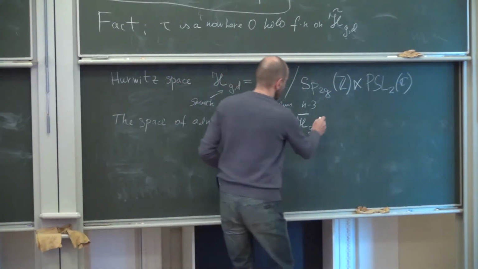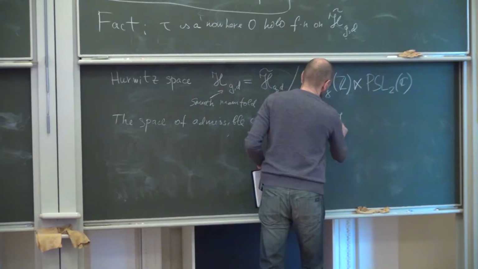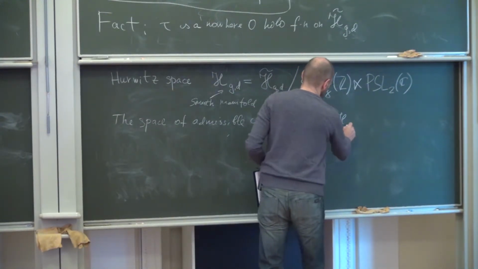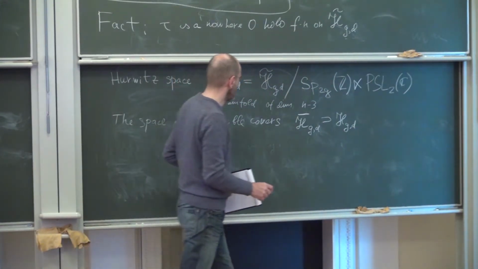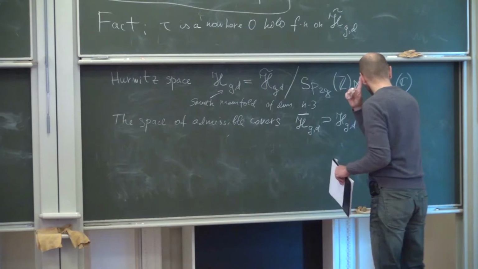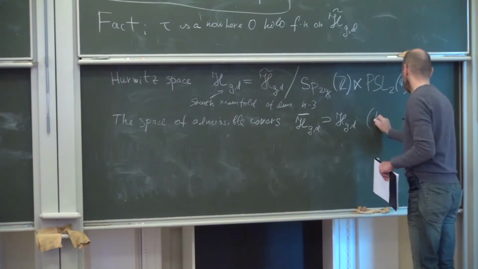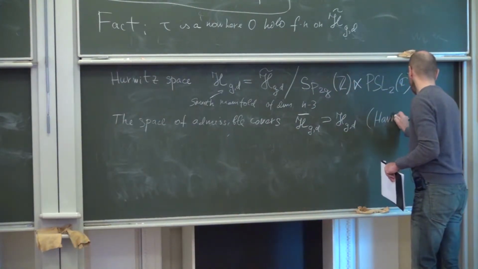It of course contains HGD as a Zariski open subset, and this space was introduced by Harris and Mumford.